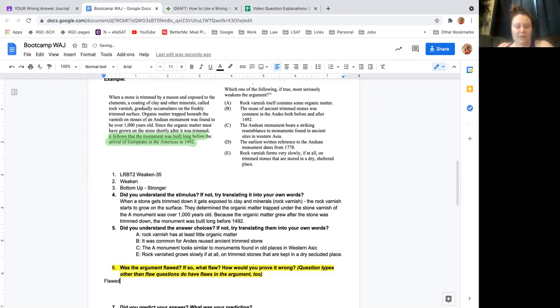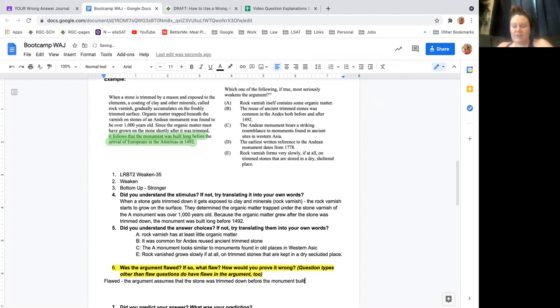And the argument assumes, for me, I'm going to say that the argument assumes that the stone was trimmed down before the monument was built.